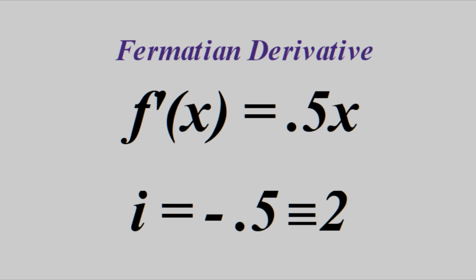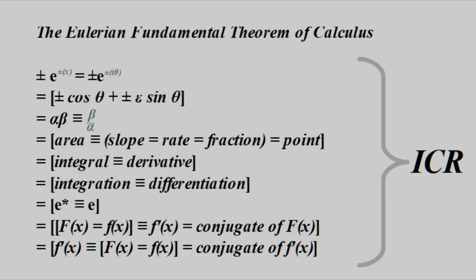Plus or minus I always equals plus or minus 1/2 respectively. Thus, plus or minus I and plus or minus 1/2, in whatever form plus or minus 1/2 may obtain, is and will always be a Fermatian derivative. This then leads to the definitive statement of Quick.